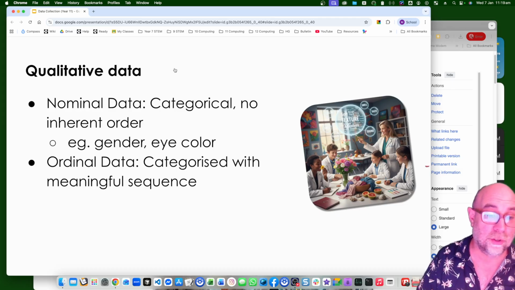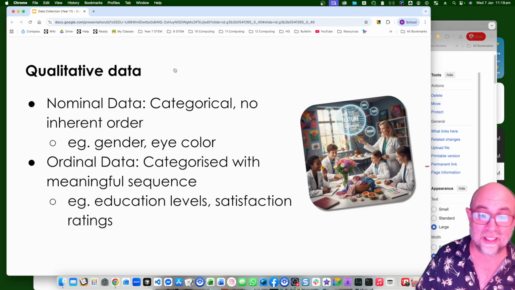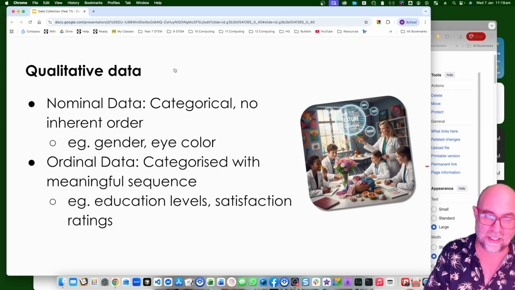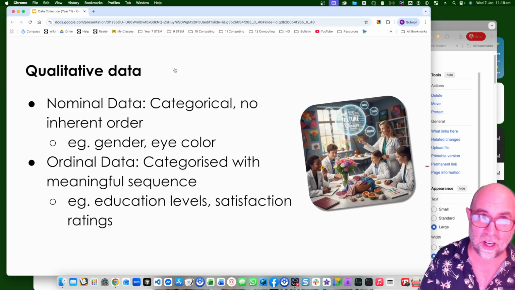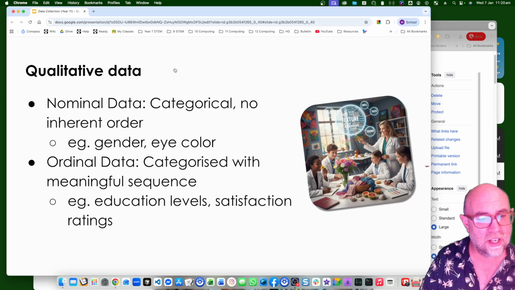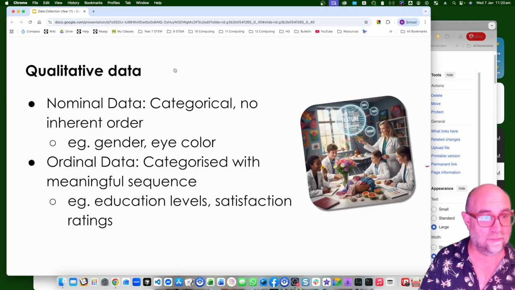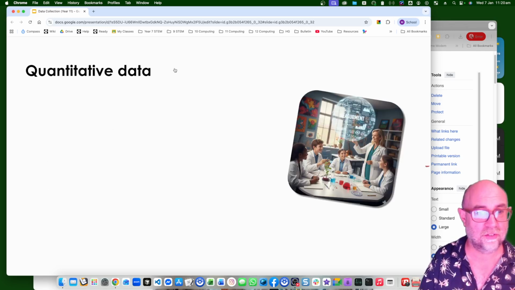And there is ordinal data, such as your education level. Are you highly educated? Are you not highly educated? Are you highly satisfied? You often see these with these things called Likert scales, Likert. I'm not sure if I'm pronouncing that right. So that fits into qualitative data. Yep, the quality of something.